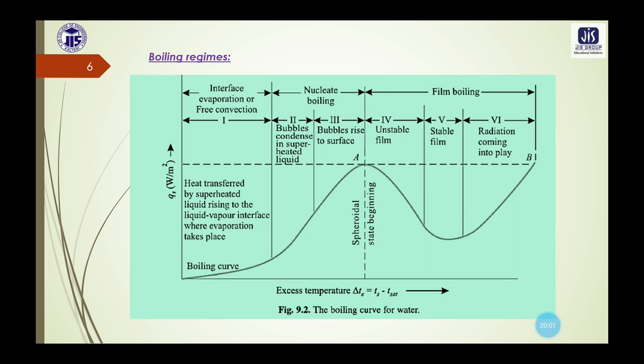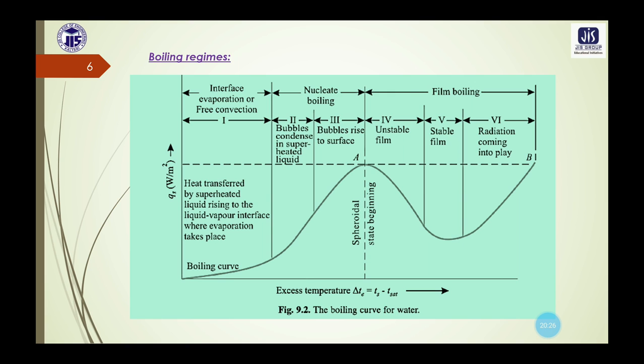Okay. So the maximum heat flux is known as the critical heat flux. It occurs at this point A, and it is of the order of 1 megawatt per meter square. Nucleate boiling exists up to an excess temperature of 50 degrees centigrade.